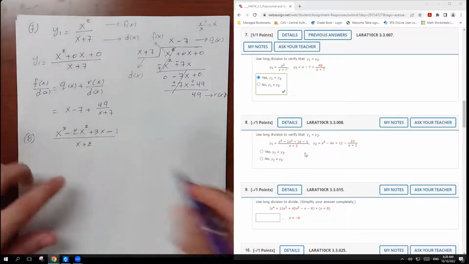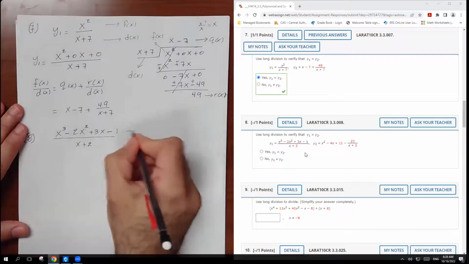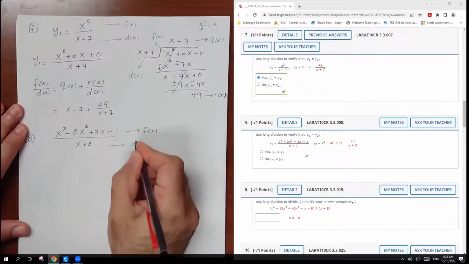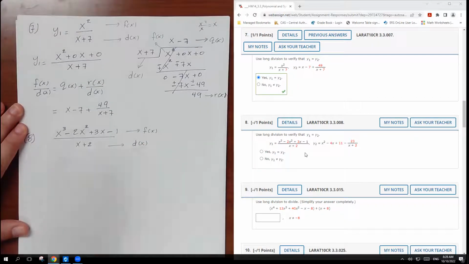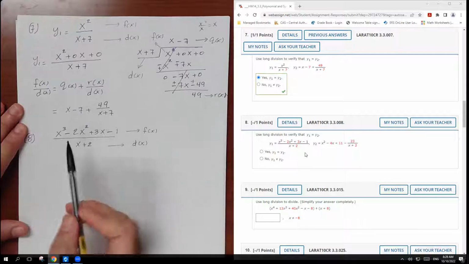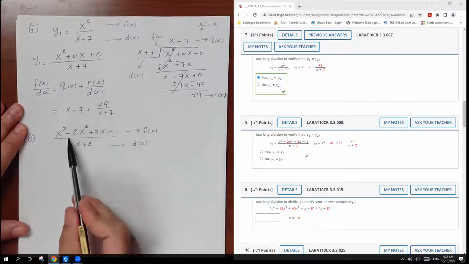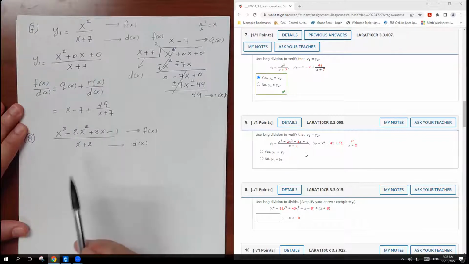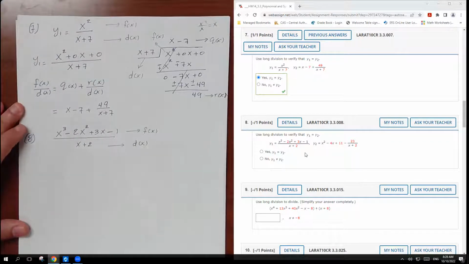The first thing, this is f of x, and this is d of x, the divisor. This is the polynomial, this is the divisor. Now we need to check f of x. There is no missing term: cube, square, x, and the constant. So I'm going to start dividing right away.